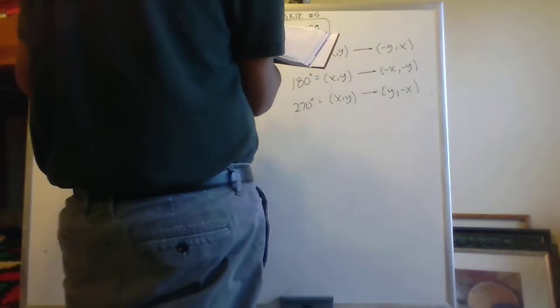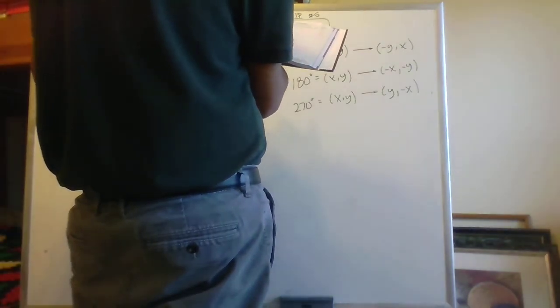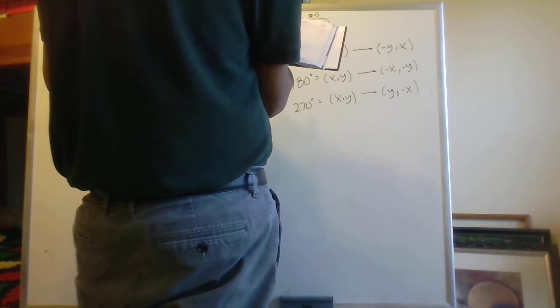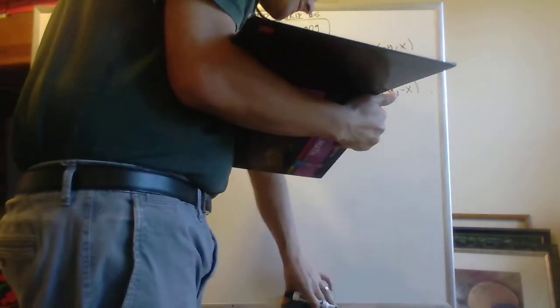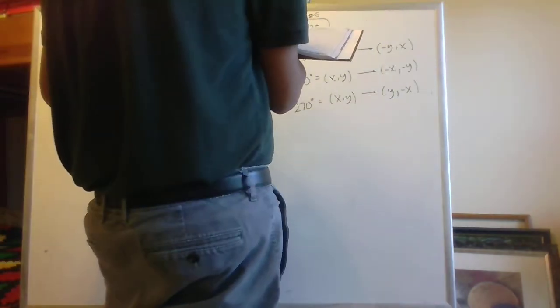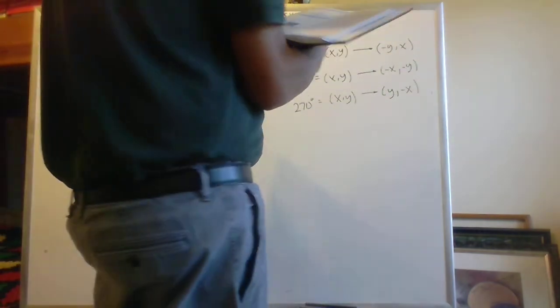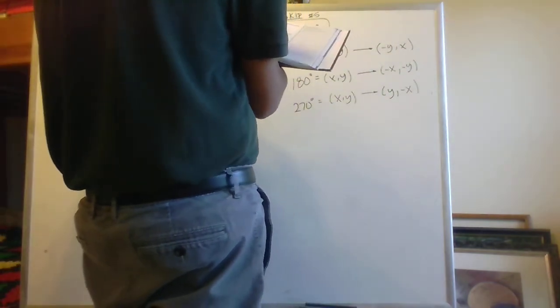And then A prime is at negative 2, sorry, I was looking at the D prime. A prime is at 0, -2.